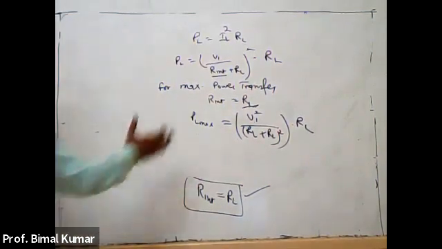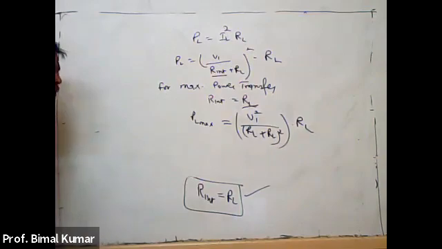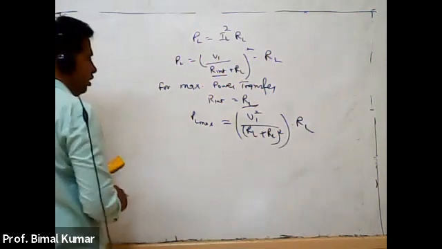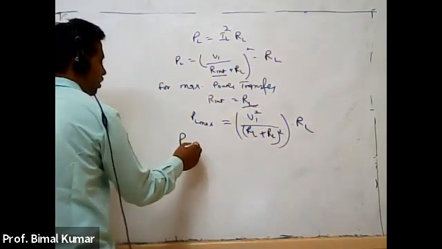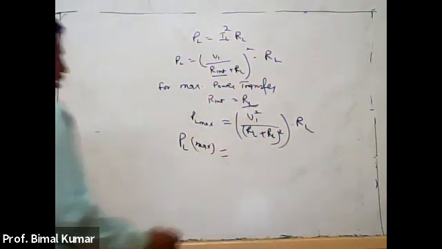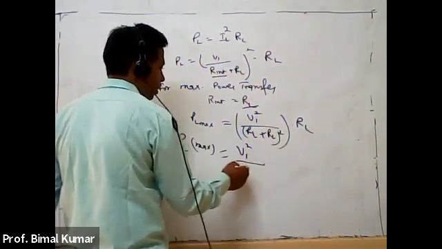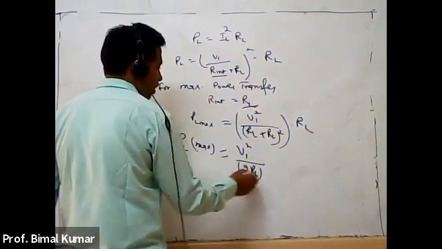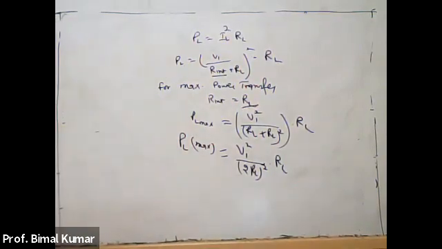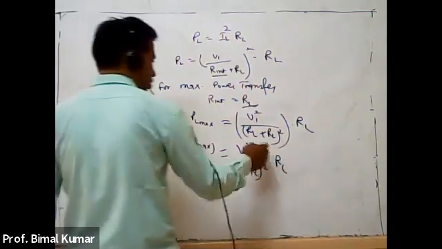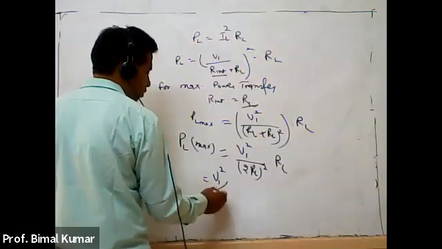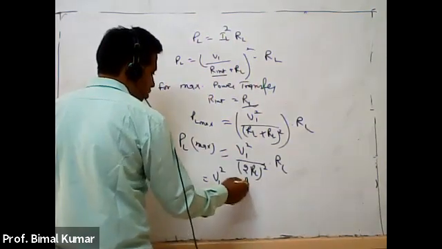I am taking the square of the numerator and denominator separately. Then PL maximum is equal to V1 square divided by 2RL, its whole square, into RL.